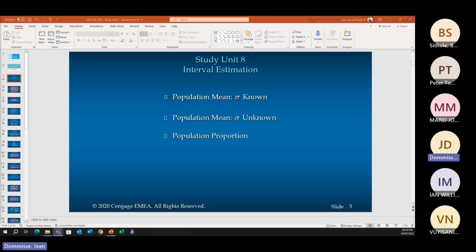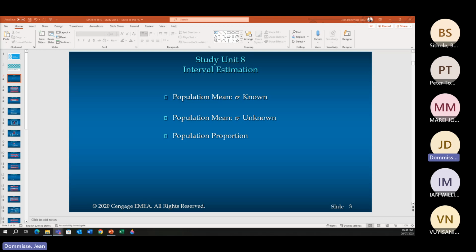For working out whether population mean is unknown or your standard deviation is unknown, we will look at a new variable called the t-stat, and we'll look at the t-distribution for that.